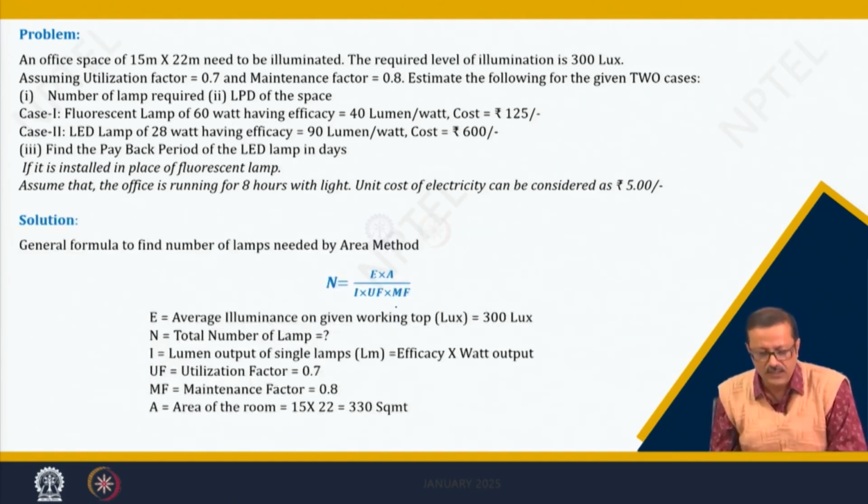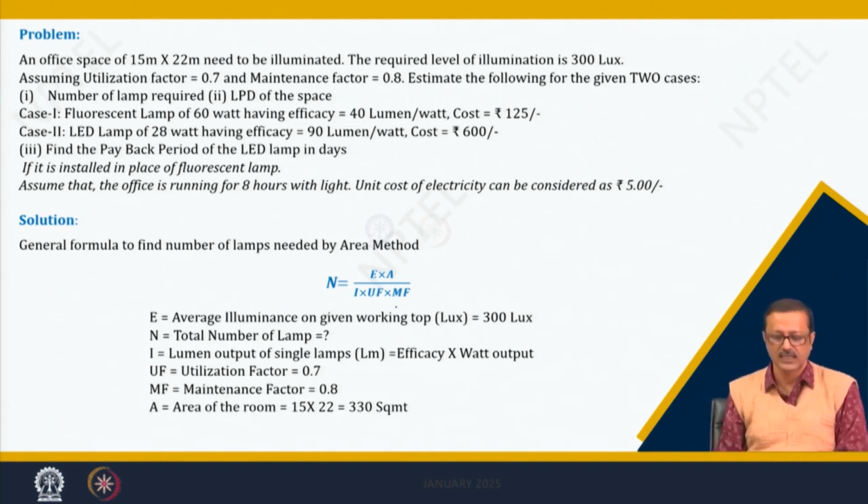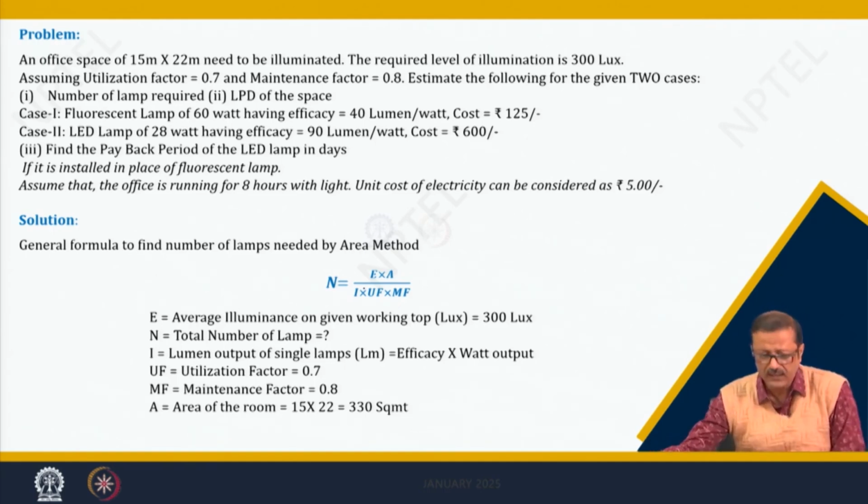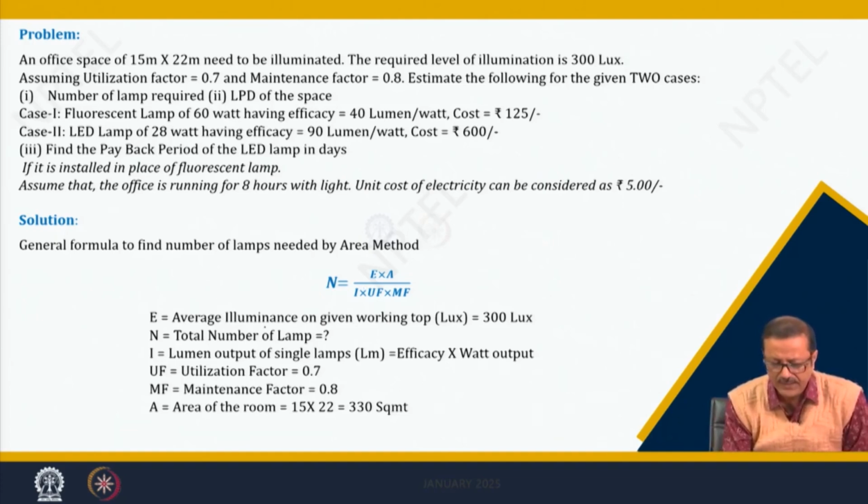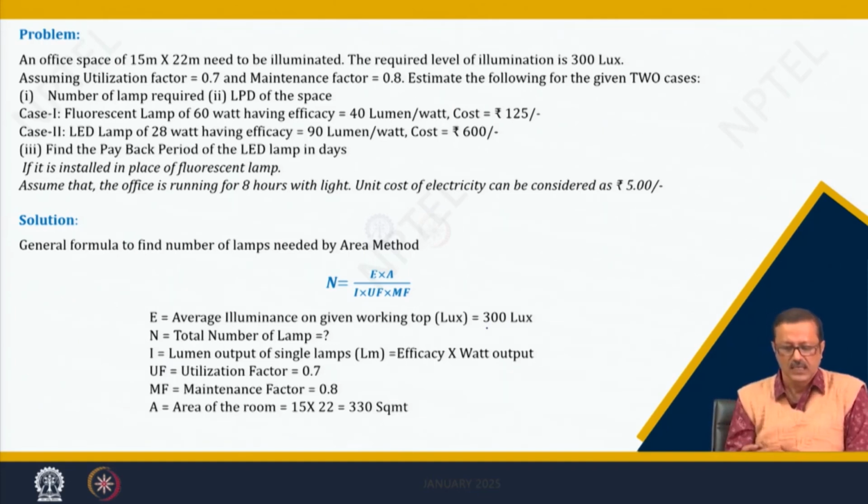So, the general formula by the area method to find out the number of lamps is N equal to E into A divided by I, UF and MF, where E is the average illuminance, that is 300 lux. That is my requirement, 300 lux is required to run that office. N, capital, is the number of lamps you require.